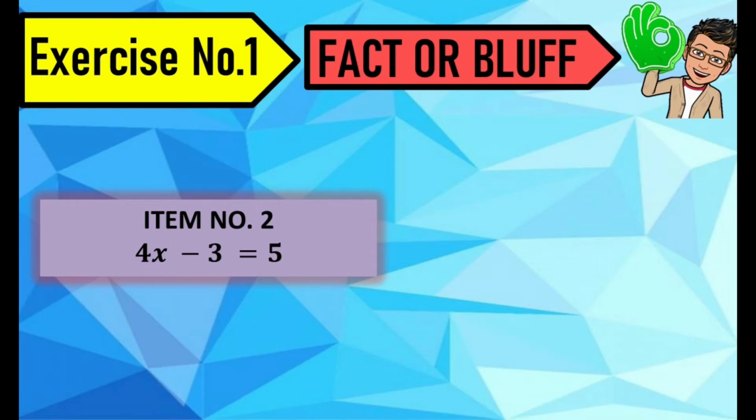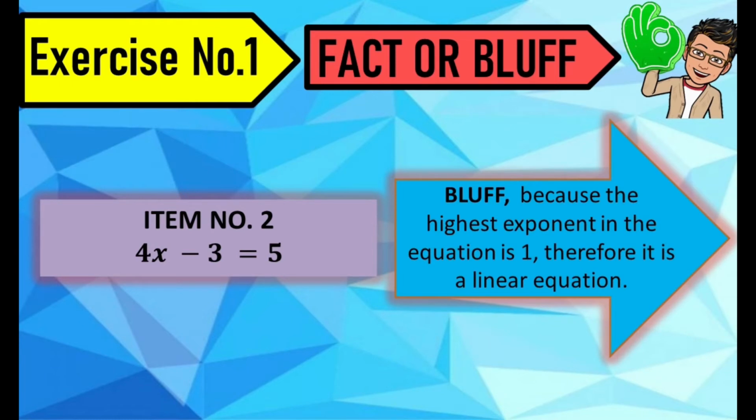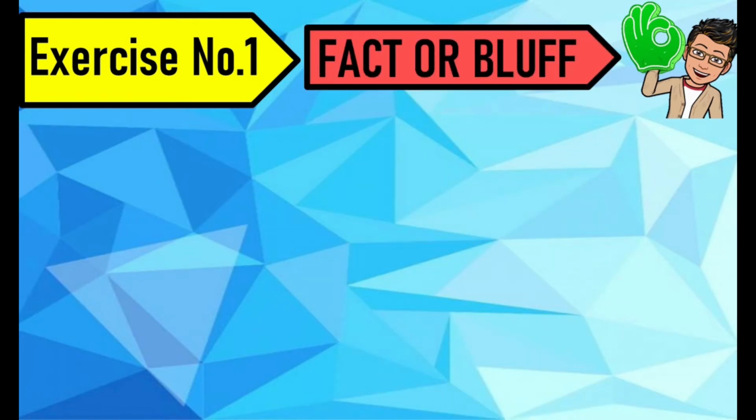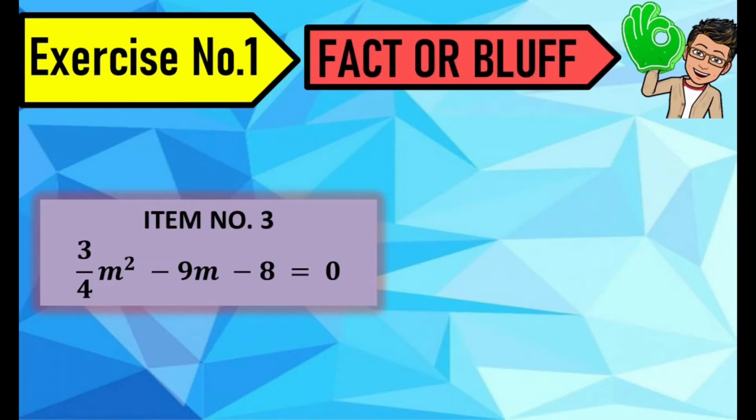Alright, time's up. The correct answer is bluff, because the highest exponent in the equation is 1. Therefore, it is not quadratic but rather a linear equation. Okay, very good. Fact or bluff, item number 3: 3 over 4m squared minus 9m minus 8 is equal to 0.